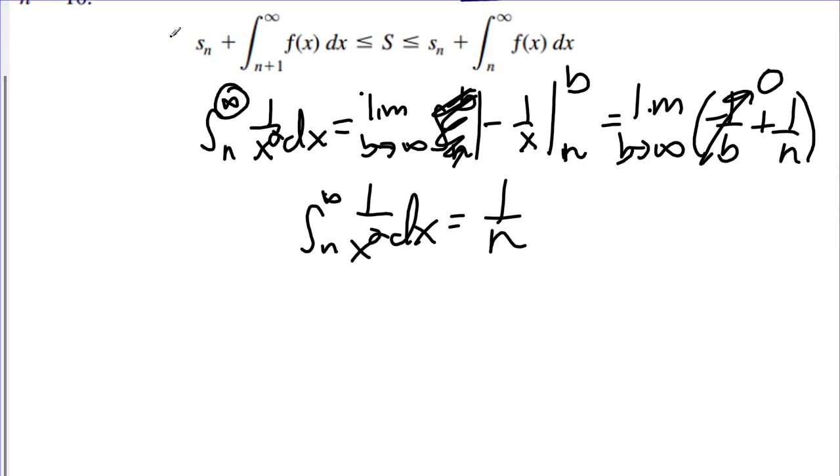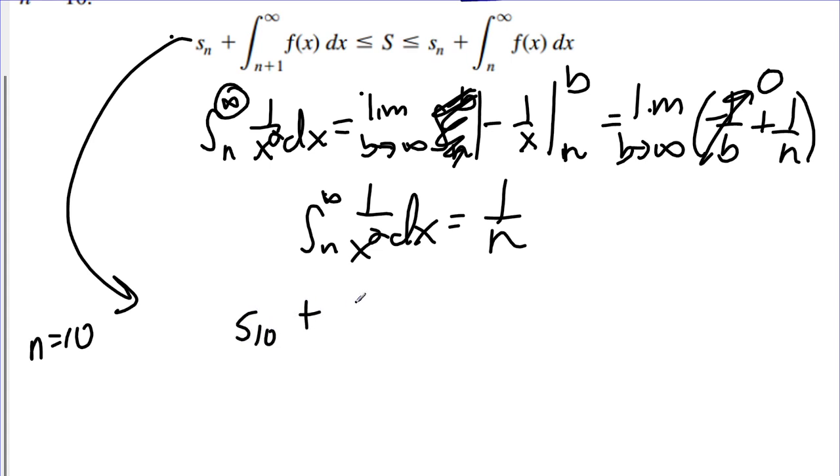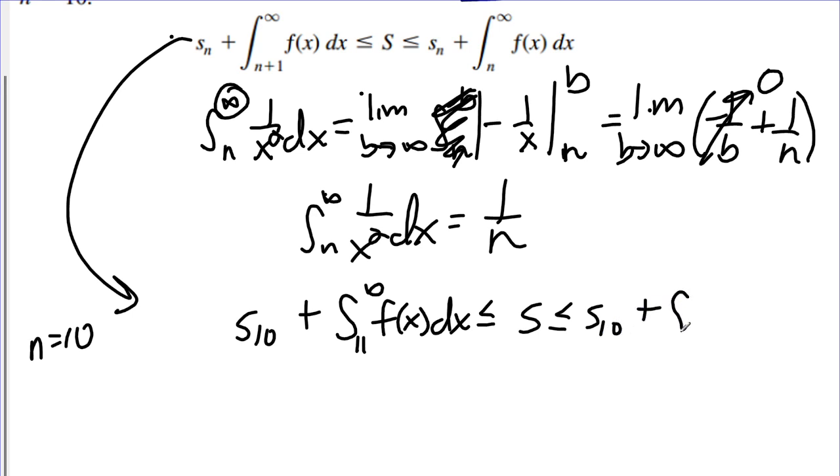Now we're going to use the formula up above to figure out the error. So for n is 10, we have s sub 10 plus the integral from 10 plus 1, which is 11, to infinity of f of x dx is less than or equal to s is less than or equal to s sub 10 plus the integral from 10 to infinity of f of x dx.